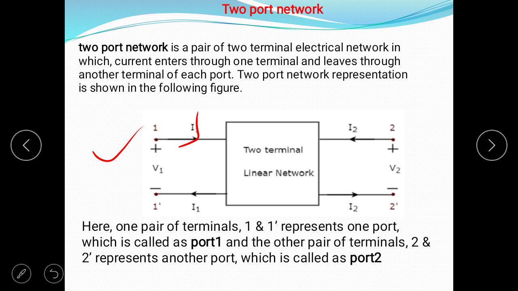Similarly, at port 2 the voltage is V2 and the current is I2. Here one pair of terminals, 1 and 1 dash, represents one port, which is called port 1, and another pair of terminals, 2 and 2 dash, represents another port, which is called port 2. This is port 2 and this is port 1.